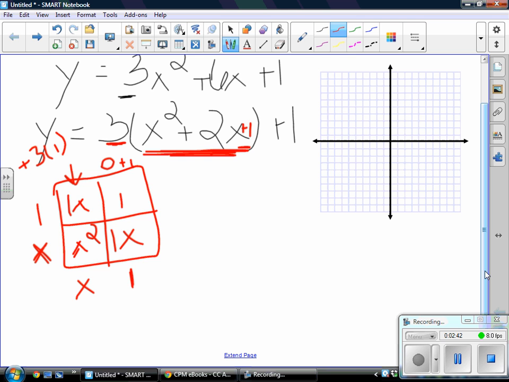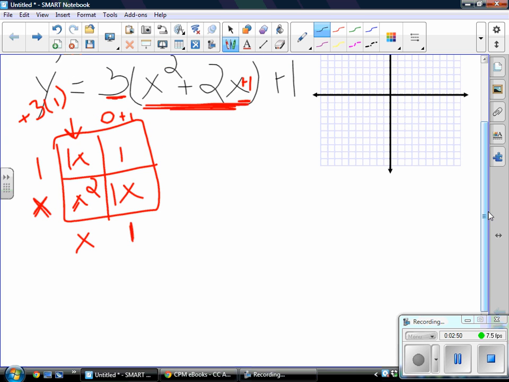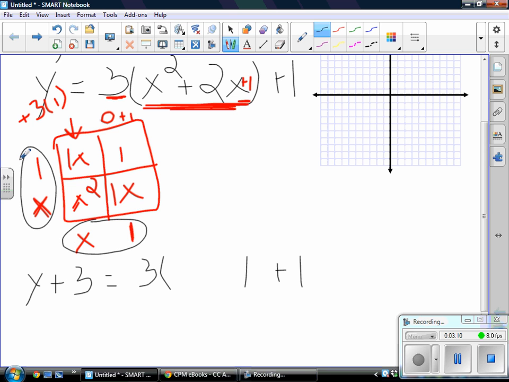So now I'm going to have y plus 3 equals 3 times the stuff in parentheses, and I'm going to have my little plus 1 on the end still. Now we're going to write the stuff in parentheses as a product instead. So this times this, so x plus 1. Now I could write it twice, or since I have 2 of them, I'm going to say squared.